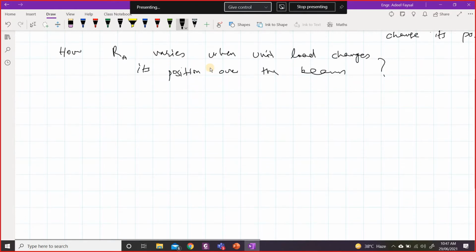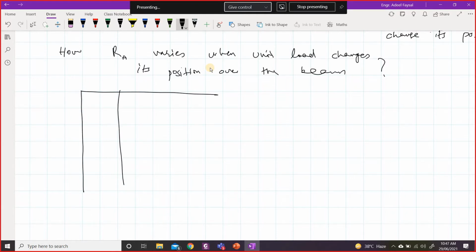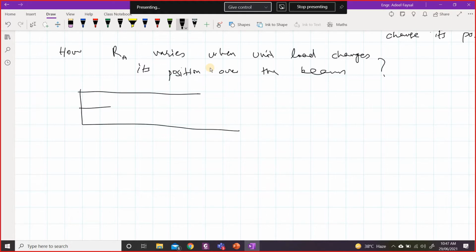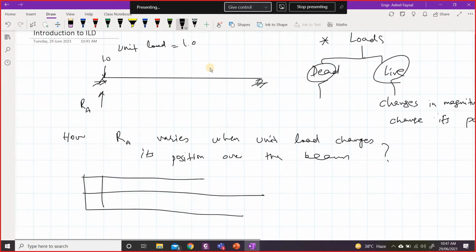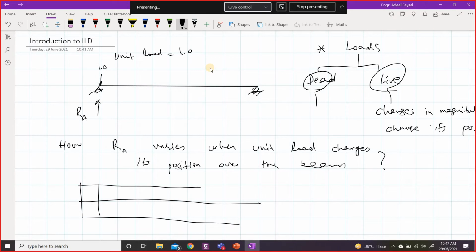So I can make a simple table over here. I can define the position of this unit load with the help of some variable, maybe x. I could say when the unit load is at x distance from the left end, what is the reaction at A?